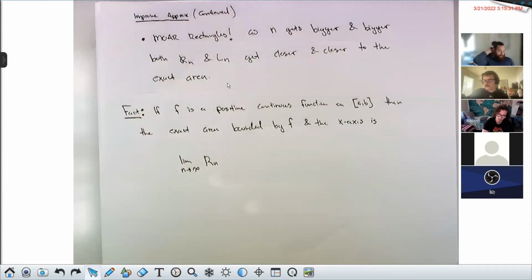That's usually the way we say it. You could use L_n here, you could use M_n here, you could use T_n here, but generally we use R_n because it's the easy one to work with.